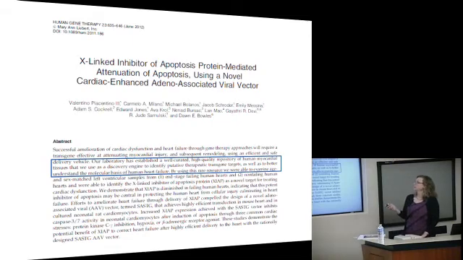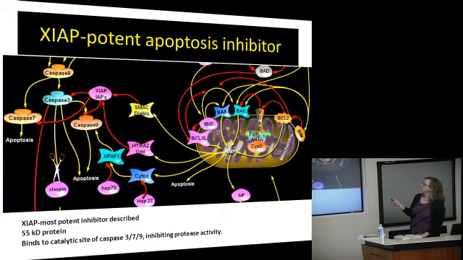And this paper that came out of our laboratory is an example of one of these things, how we interrogated the repository to look at expression of a particular protein involved in apoptosis, or the XIAP protein. So what we knew was that the XIAP protein was a potent inhibitor of apoptosis, and that there's a vast literature showing the importance of the involvement of apoptosis in heart failure and heart disease.